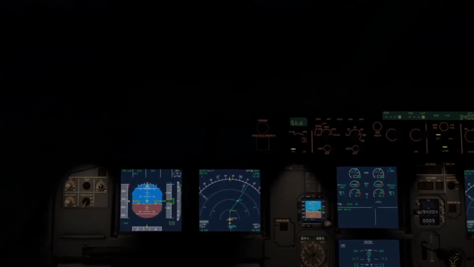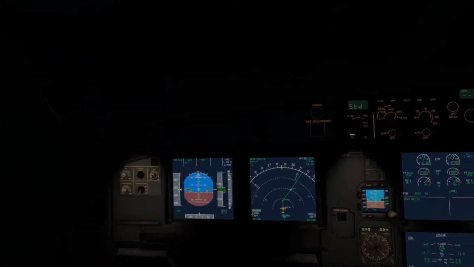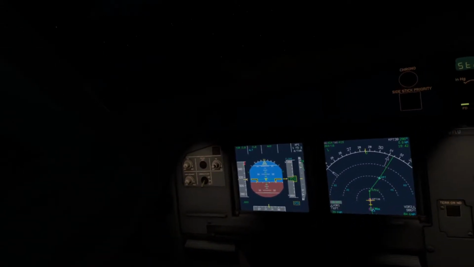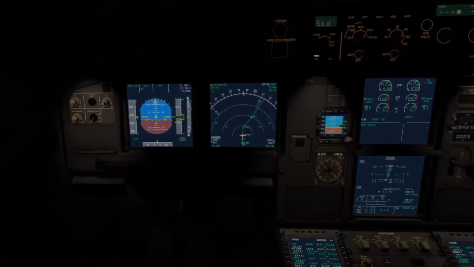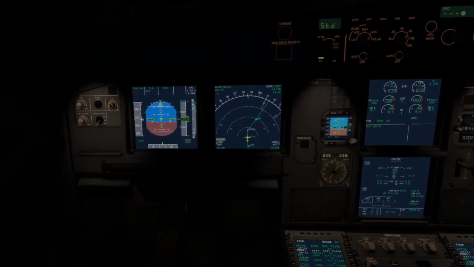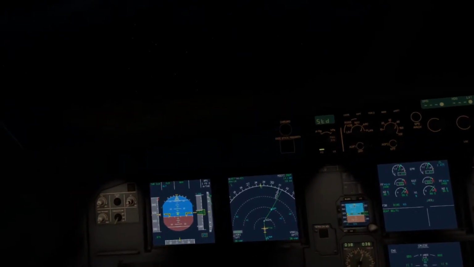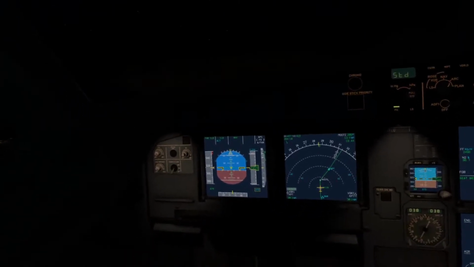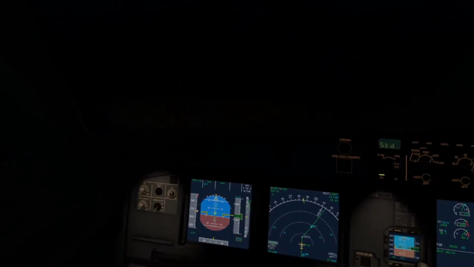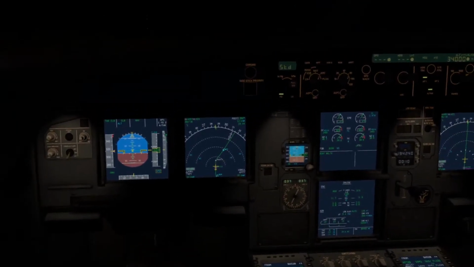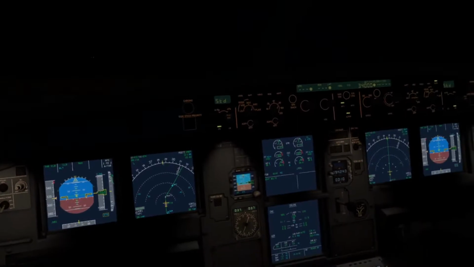This is the ATC talking. Almost at 20,000 feet. Got 20,000 feet.